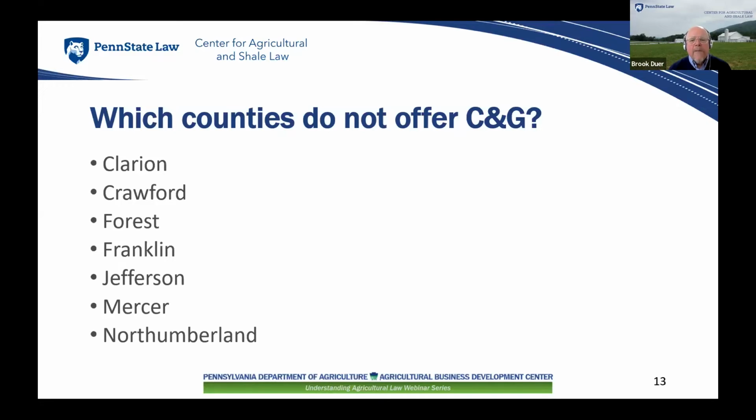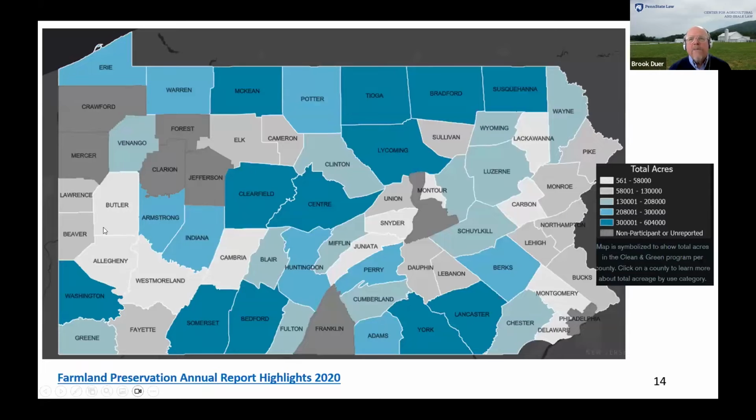Now, most of the time, we'll look at a map here. Most of the time, the reason a county doesn't have a program is because their assessment is so old that if they were to use the use values that come from, and are published by, the Bureau of Farmland Preservation at PDA on an annual basis, and there's a long, complex process that establishes those, I don't want to get into that now, but the bottom line is those are updated yearly.